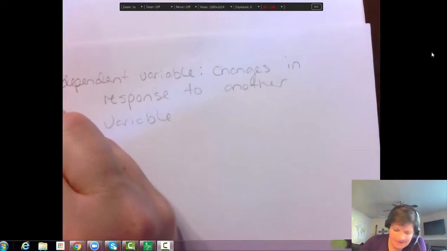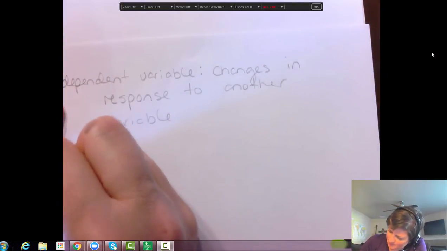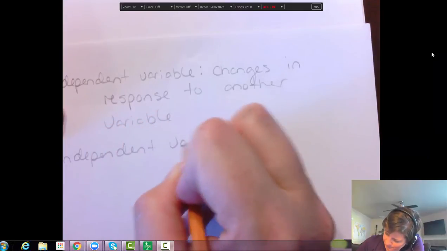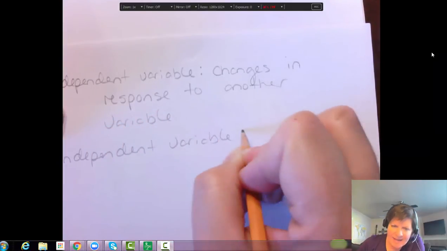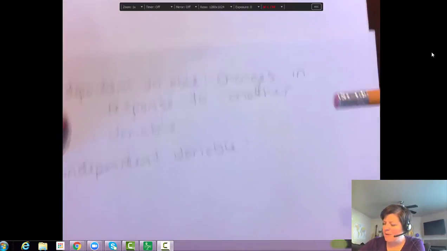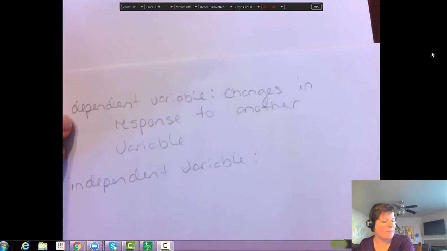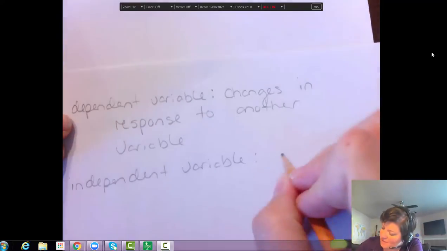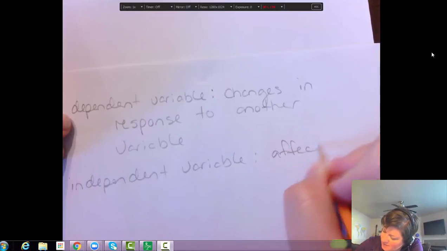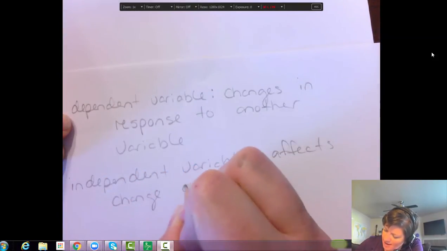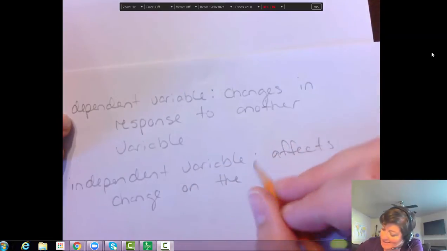An independent variable, the definition of an independent variable is it affects the change on the dependent variable.